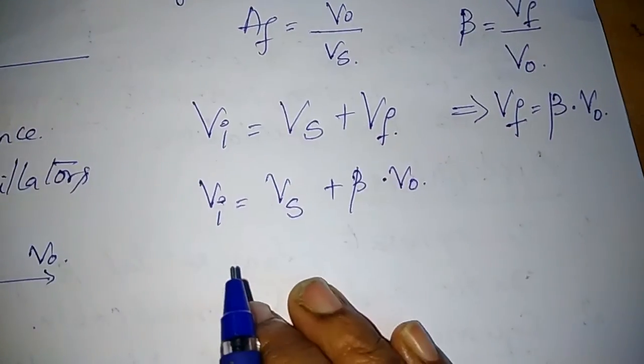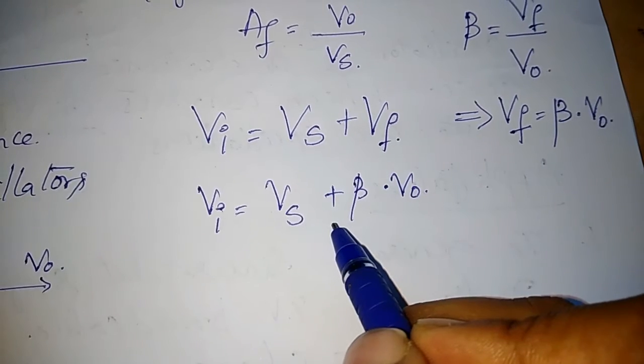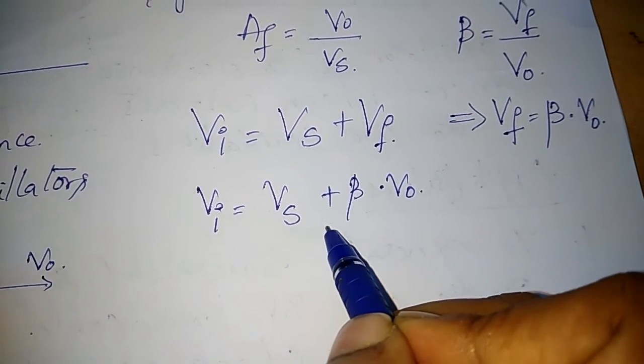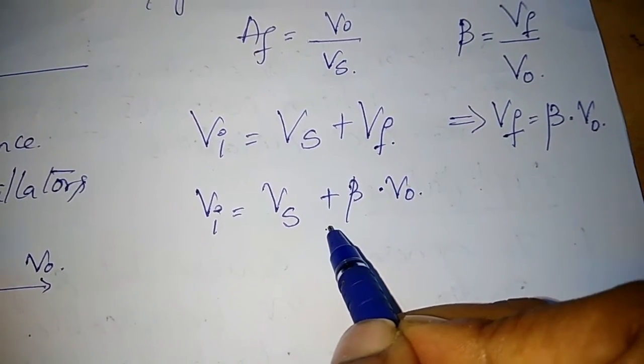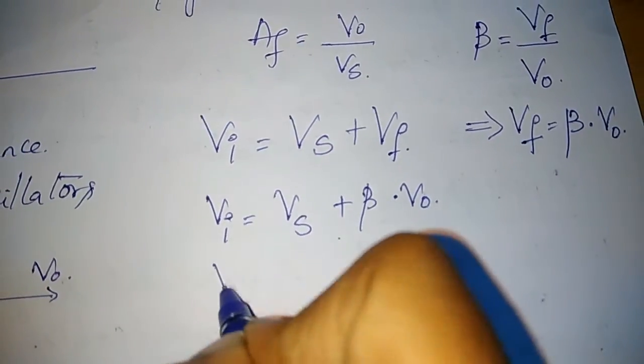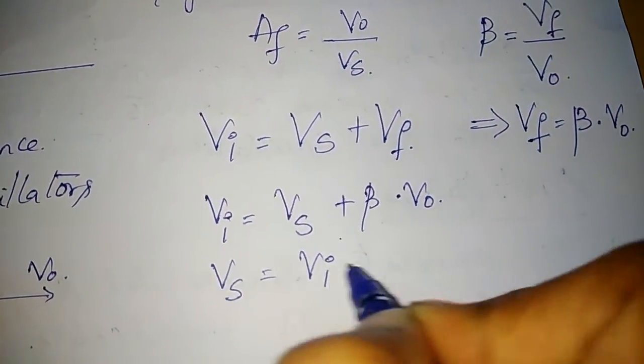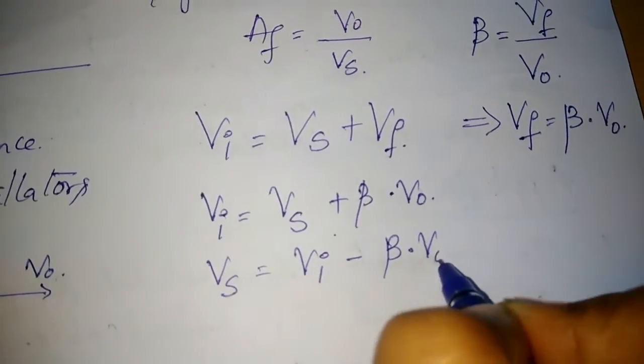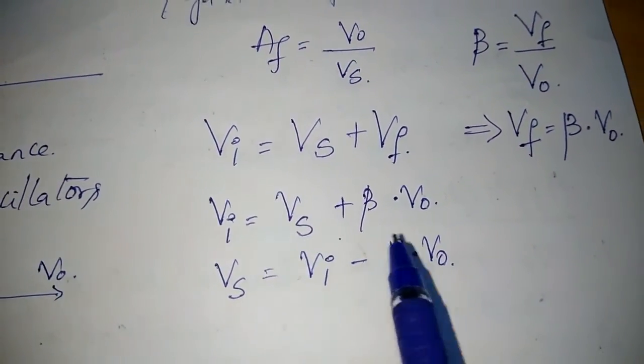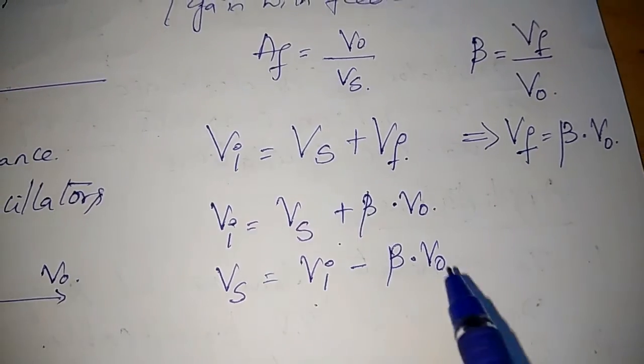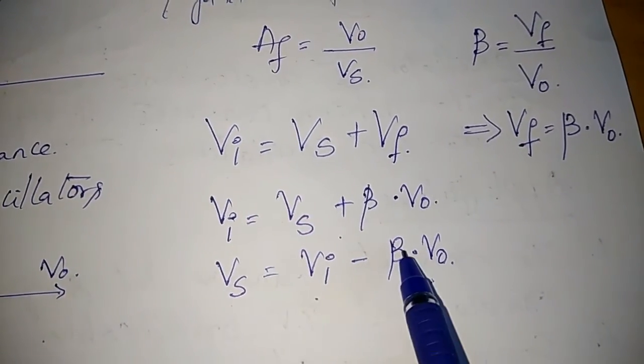Correct? Now I'll substitute this for Vs. I can write Vs is equal to Vi minus beta into V naught. So I have three different quantities, Vs, Vi, and V naught, so I can't take anything common here.